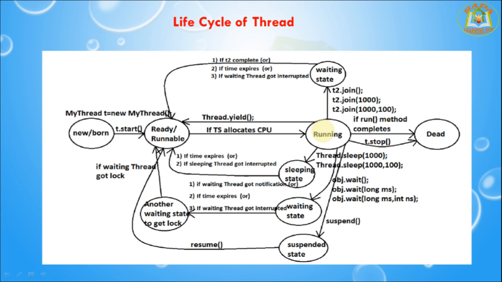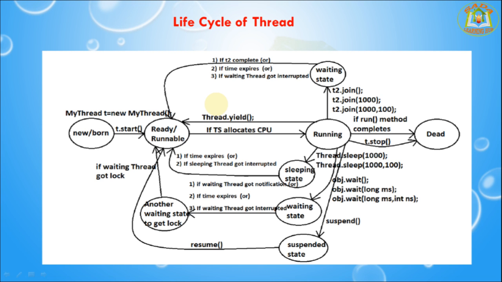Next, the blocked state. Blocked state means waiting state or sleeping state. The programmer can make a running thread become inactive temporarily for some period. In this period, the thread is said to be in the blocked state. The blocked state thread is inactive. It is not eligible for the processor time.